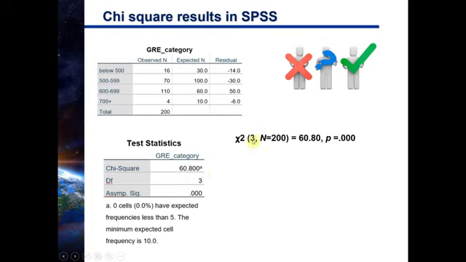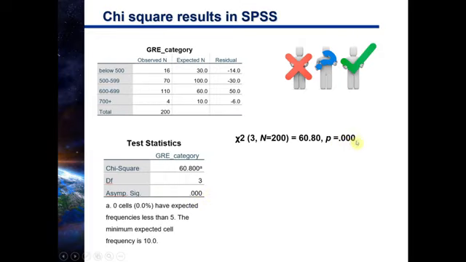And then a capital italicized N equals, and then your total sample size, 200. Then an equal sign, the actual value of the chi-square, so 60.80. Remember, take it to 2 decimal places. And then a comma followed by a lowercase p equals, and then this is your sig value, so 0.000.